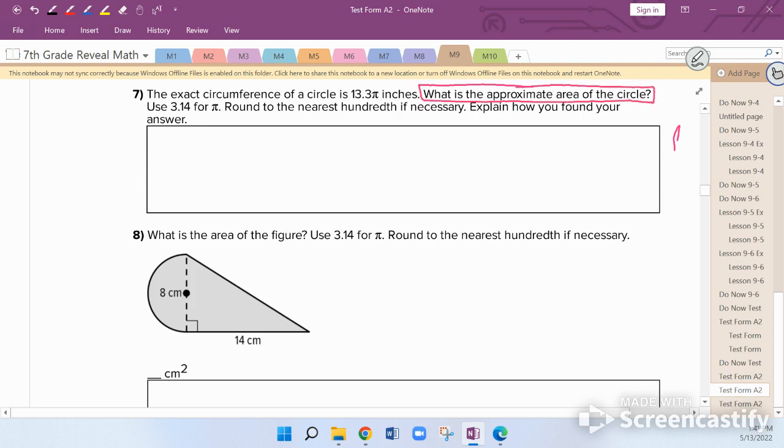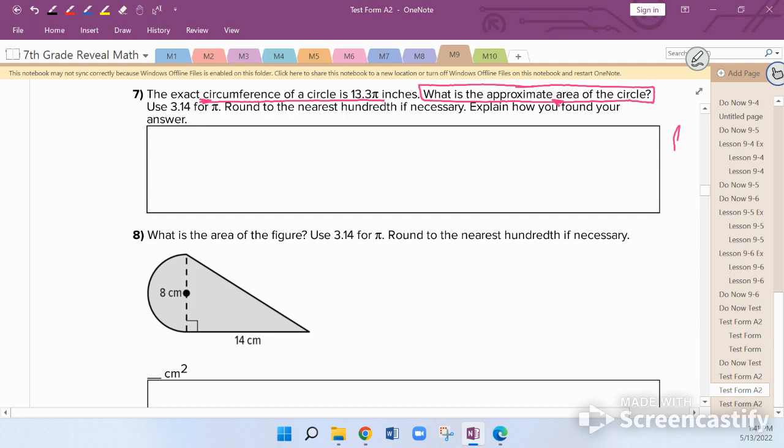Now, everyone, please look at your reference sheet and see if you see a formula that has C for circumference and A for area. See if you find one formula that has both a C and an A. Okay, no, there isn't one, right?